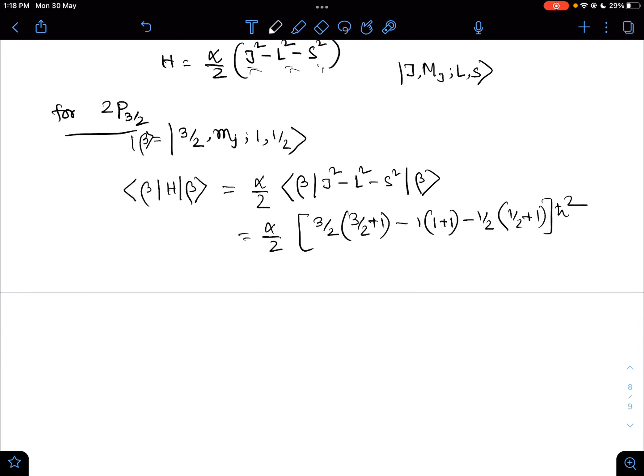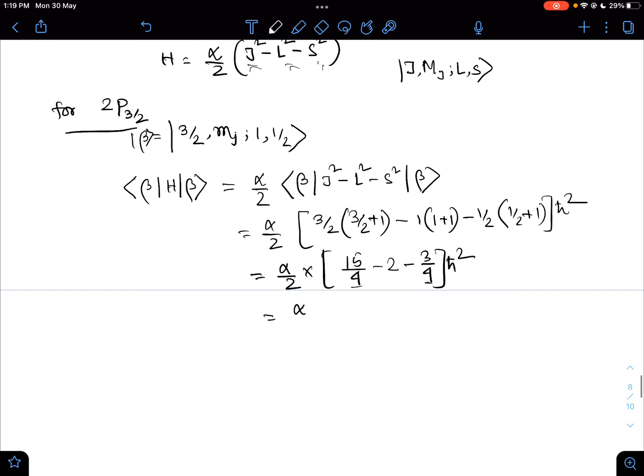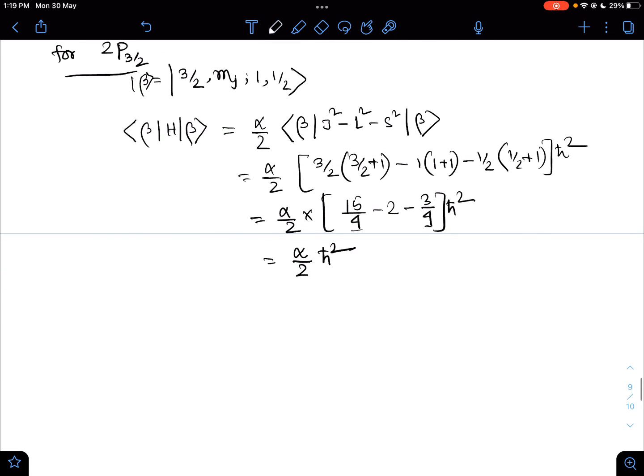So we get α/2 times 3/2 into 5/2, that is 15/4, minus 2 minus 3/4. These terms give 12/4, so 3 minus 2, which gives α/2 ħ². So for 2p 3/2 the energy is α/2 ħ² for the given Hamiltonian.